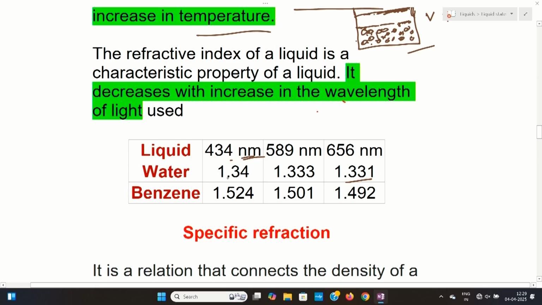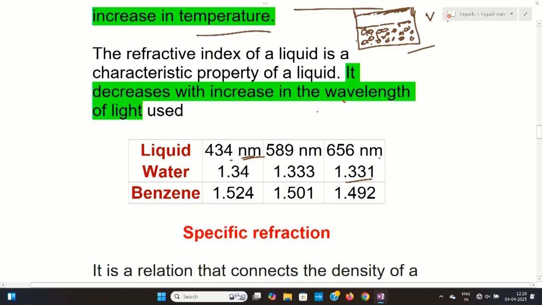The refractive index of water is lowest at 656 nanometer.